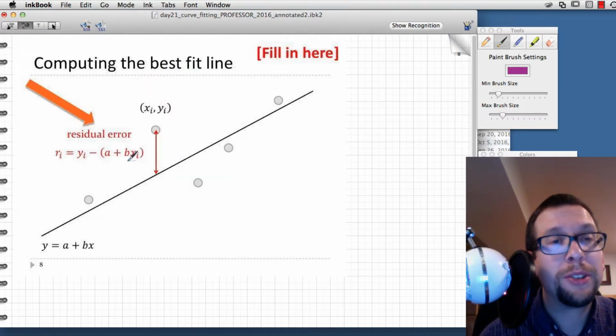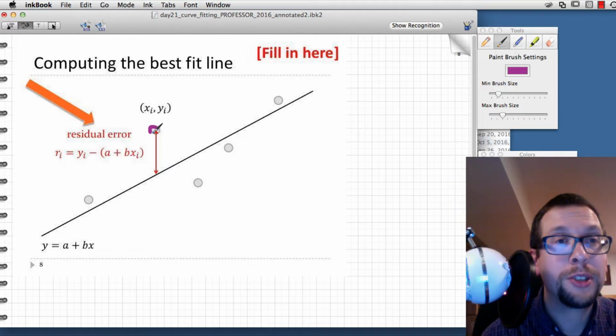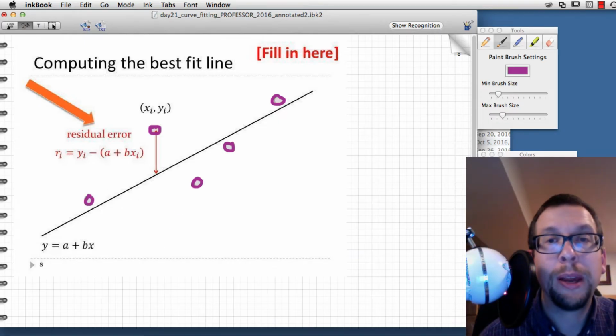But first, what we need to do is talk about something called residual error. Effectively, residual error is determining the difference between the measured values, so this measured value, and that measured value, and that measured value, and comparing it to, let's change the color there, like this.